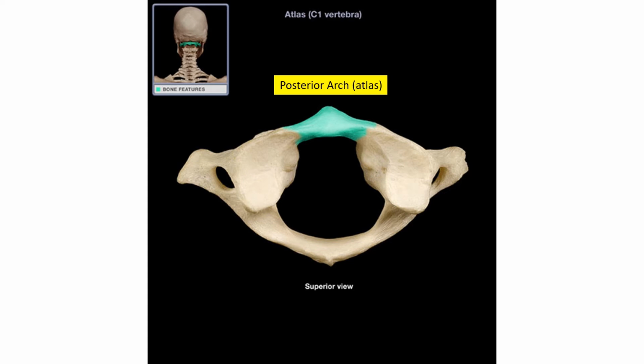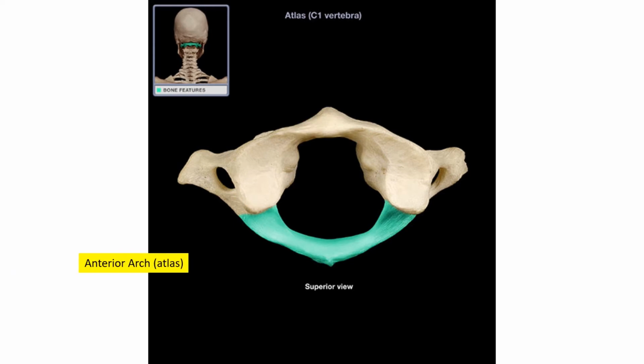Now, where's the body? There is no body of the vertebra. The body has divided into two masses, and these two masses of bones are united posteriorly with an arch called the posterior arch of the atlas. This is a lateral mass, one half of the body, and the other lateral mass is on the other side.